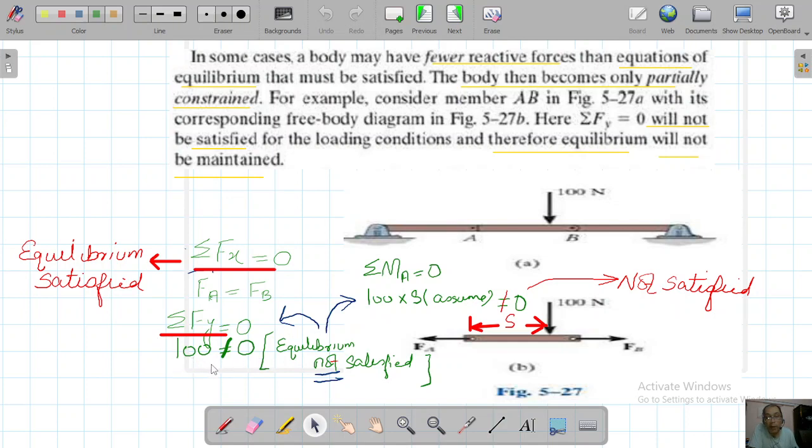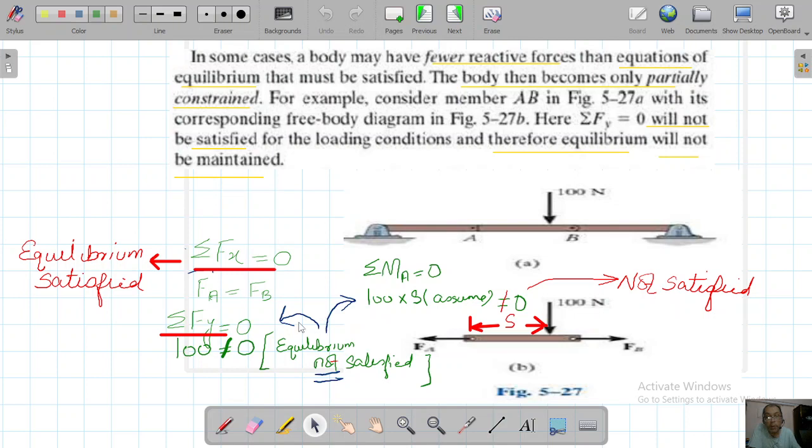It cannot be satisfied because 100 is not equal to 0. If you assume this distance s from the 100 load and apply the summation of moments equal to 0, then 100 into s is not equal to 0. So it is constrained along x, but not along y, and you also cannot apply the summation of moments about A equal to 0.